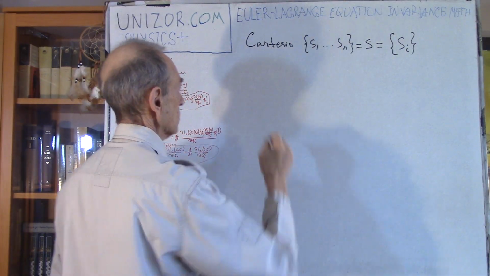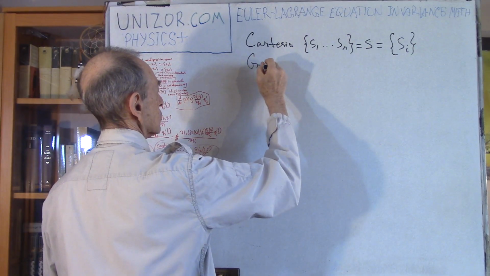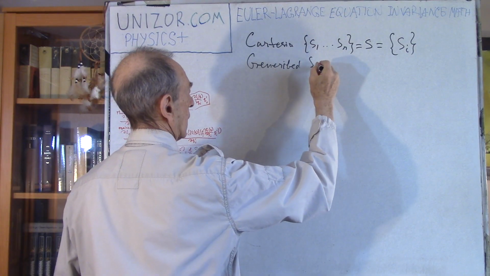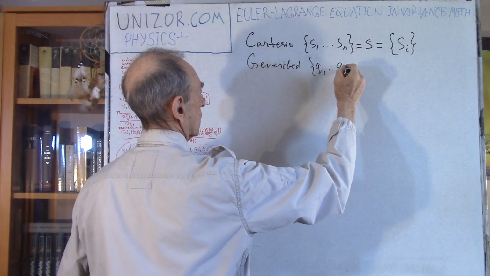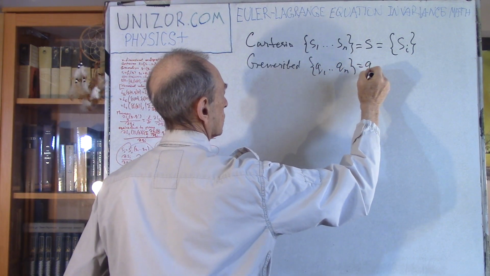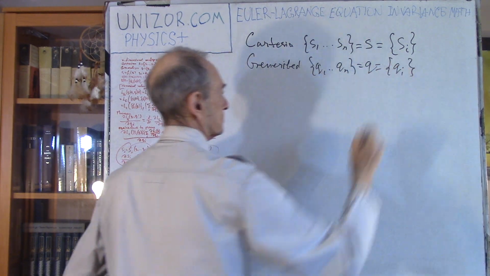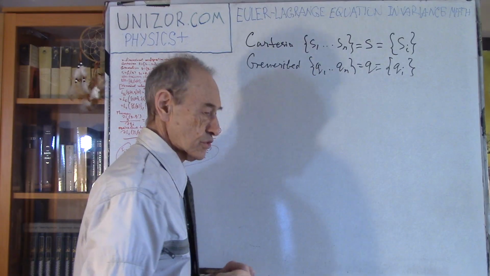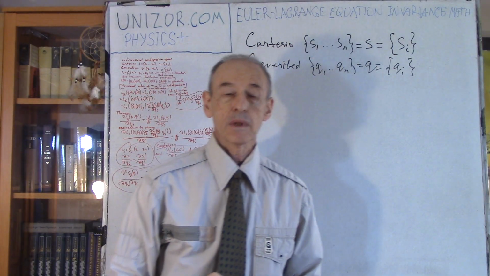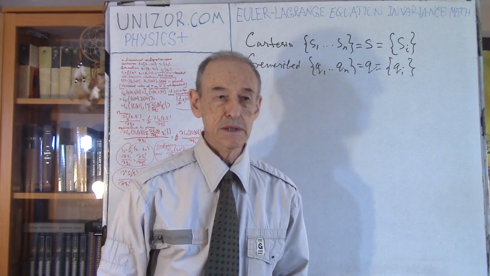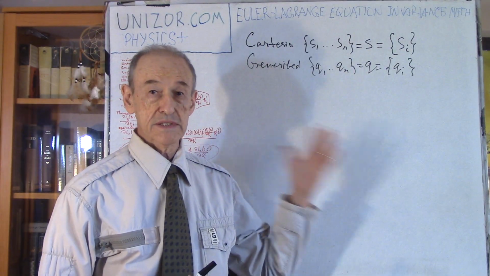At the same time, in the same configuration space, there are generalized coordinates, which I denote Q1 through Qn, or just the letter Q, or with an index. So these are two systems of coordinates in this configuration space, which define the state of the system.